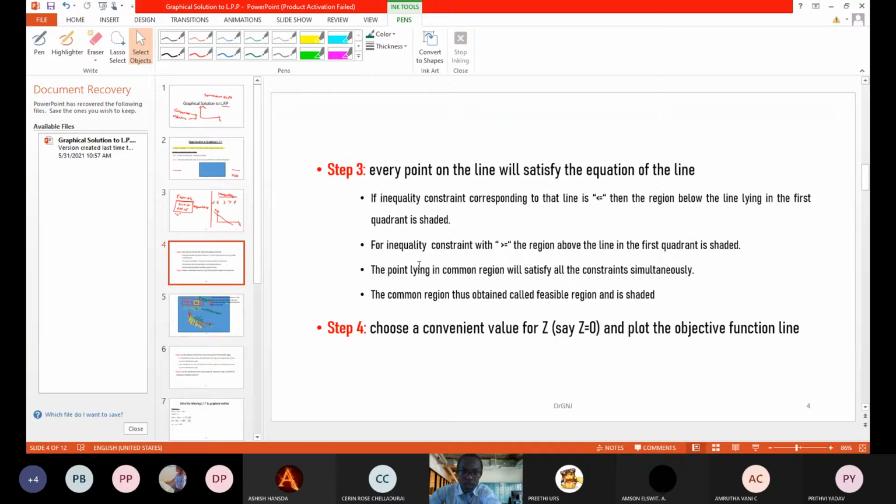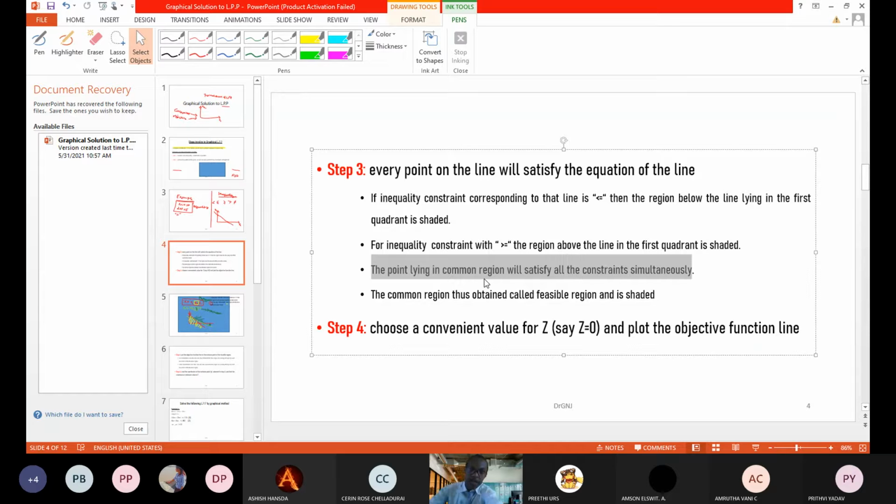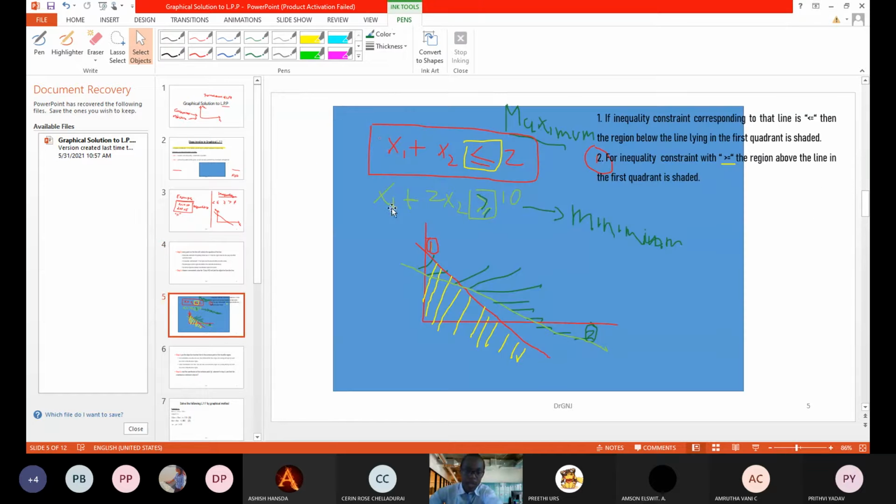So the points lying in a common region will satisfy all the constraints simultaneously. If we have two constraints, you may have a first constraint and you may even have a second constraint like this. It can be possible.